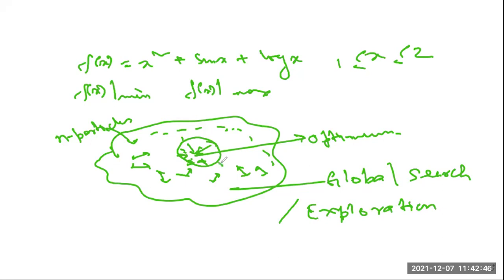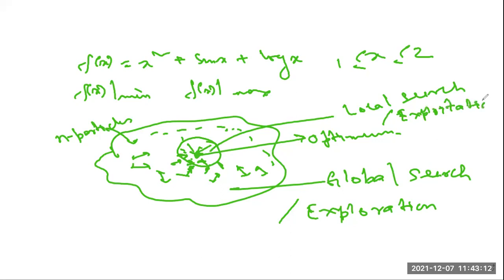Now, when they have reached up to this point and need to reach this particular value, there is a fine-tuning step. When they are searching around the possible location of the food or the optimum value, that is known as the local search, or exploitation.